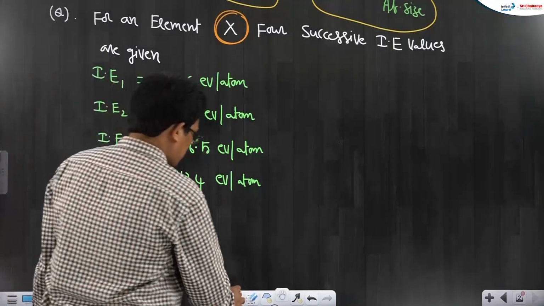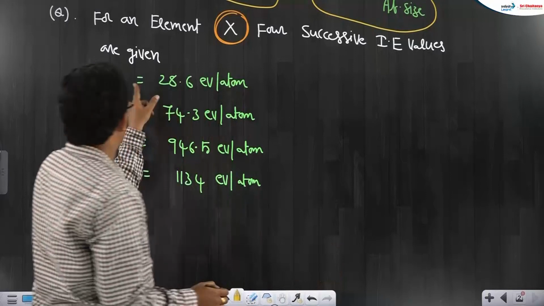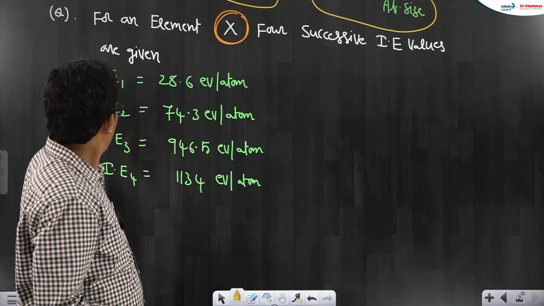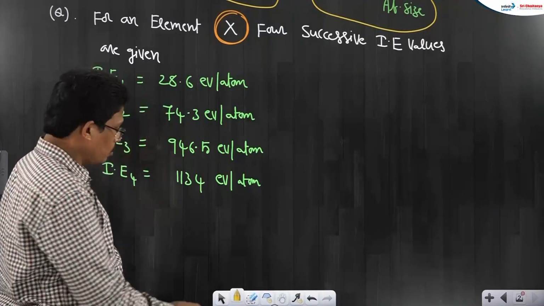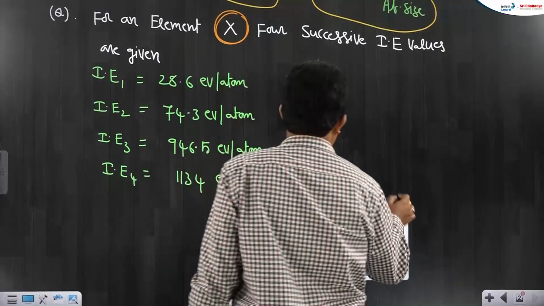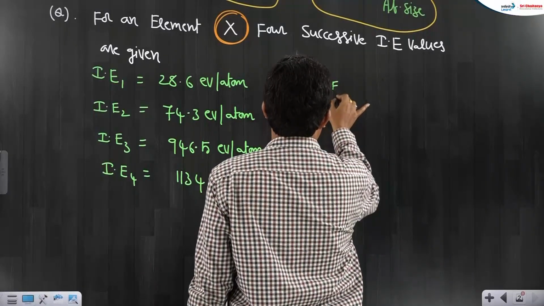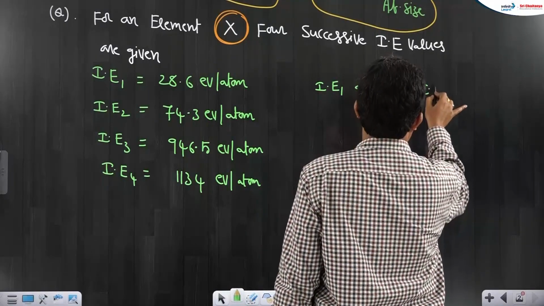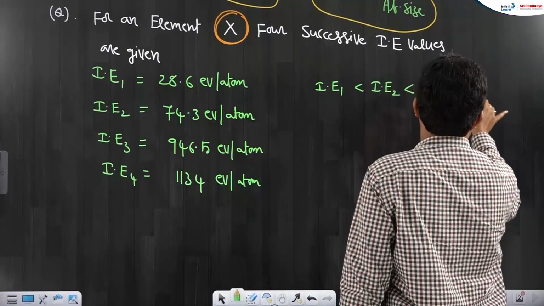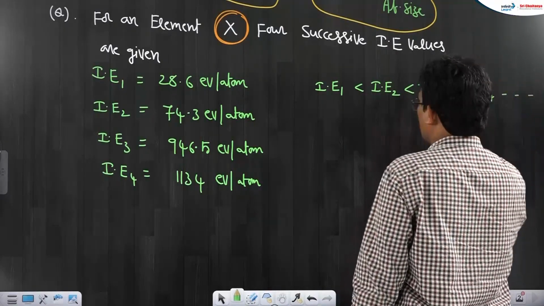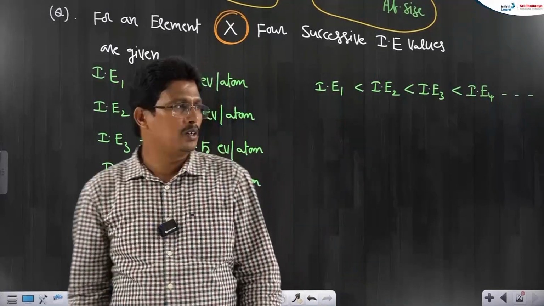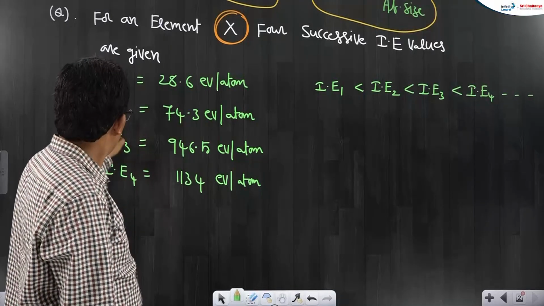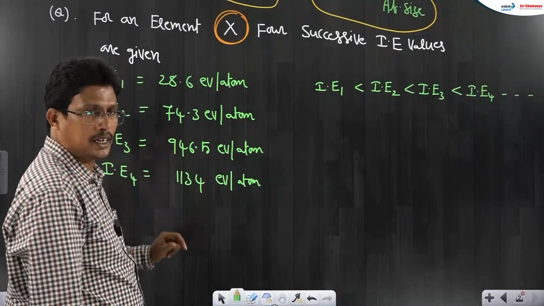First, observe the values. IE1 value is 28, IE2 value is 74. You know the correct order of ionization energy values is always IE1 less than IE2 less than IE3 less than IE4, for any element. If you observe the given values clearly, IE1 is less compared with IE2, and IE2 is also less compared with IE3.